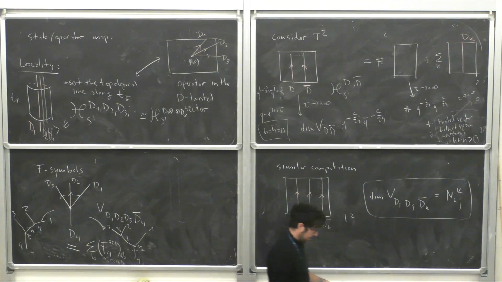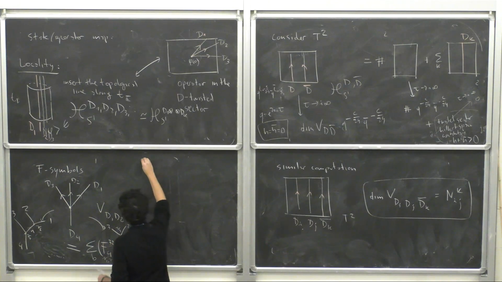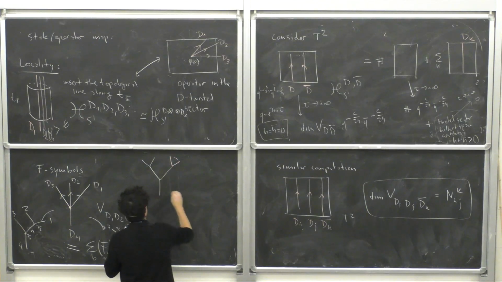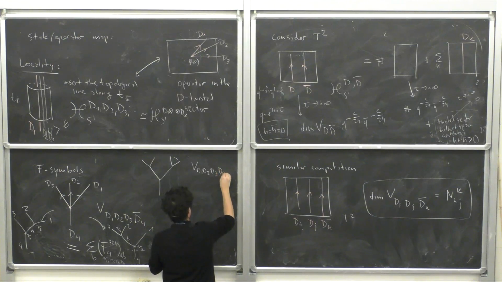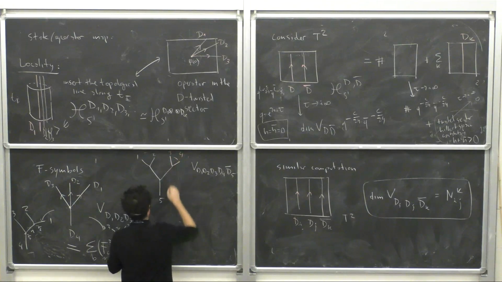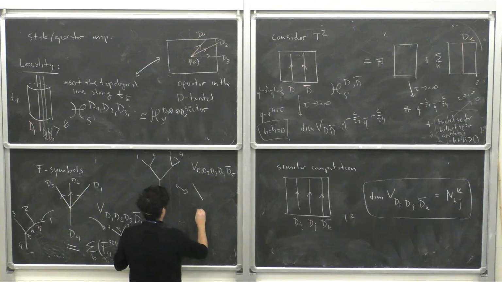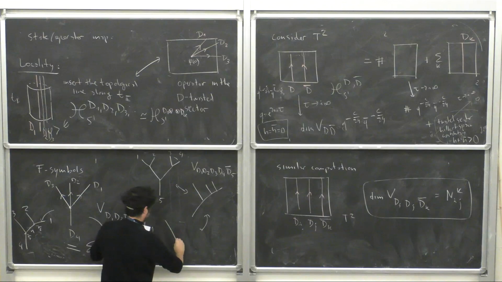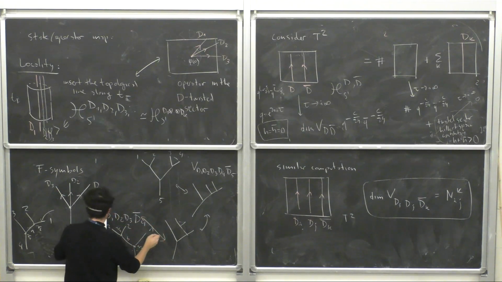And the pentagon identity that we discussed earlier is just related to the fact that if we now consider the Hilbert space of five objects, by topological moves, we get relations between the F symbols.